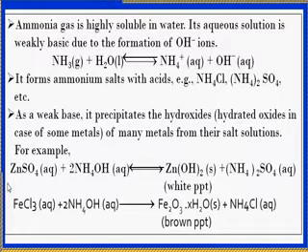So here we have the example when ZnSO4 is added to aqueous solution of ammonia, we get white precipitates of zinc hydroxide. Similarly, when FeCl3 is added to aqueous solution of ammonia, we get brown precipitates.